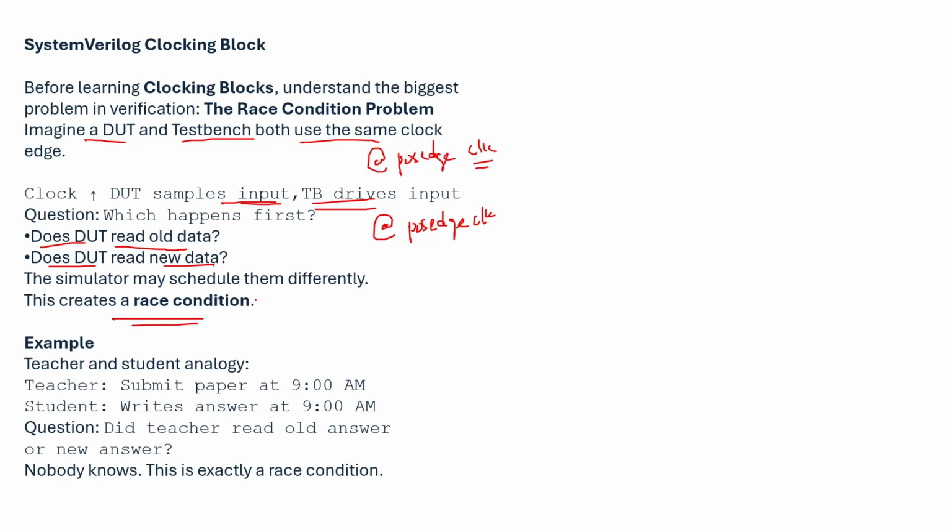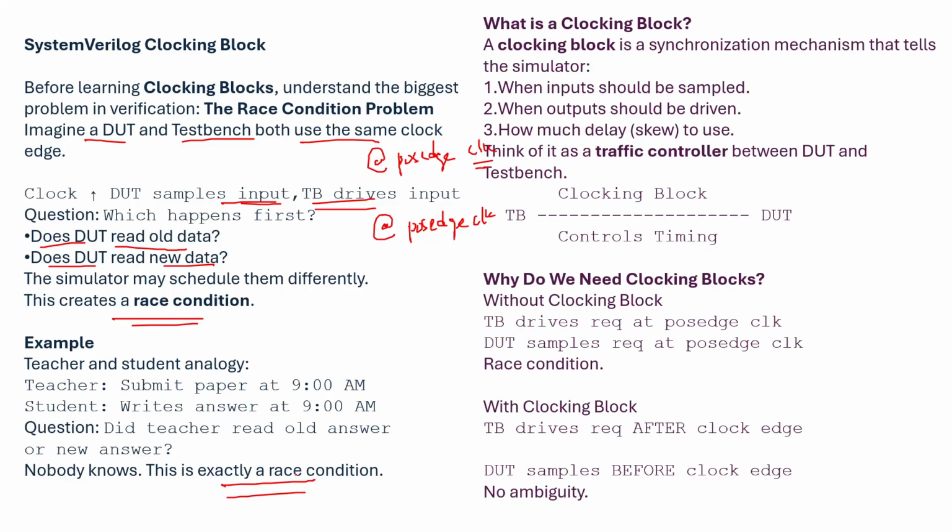Why are we conducting the exam if at the same time you are giving the paper and asking for it? Then you will fight each other, and obviously someone will win the race. Same thing here also. To avoid that race condition, we will use clocking blocks.